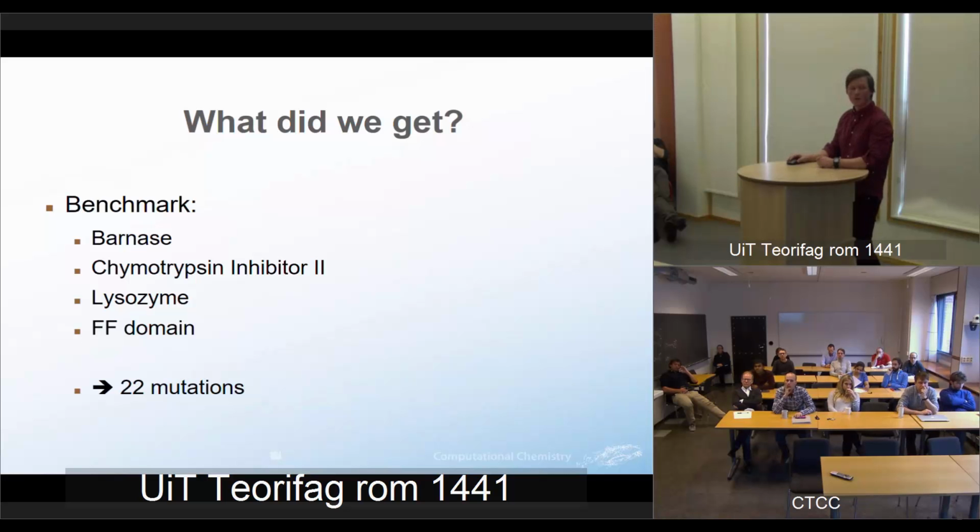So I haven't seen any computational studies on the FF domain at least. So we picked out 5 to 6 mutations per protein with experimental stability values and tried to use them to benchmark this. Of course, the challenge here is that these are 4 different enzymes, 4 different labs, and also different experimental techniques. So we should not expect to get a perfect correlation.